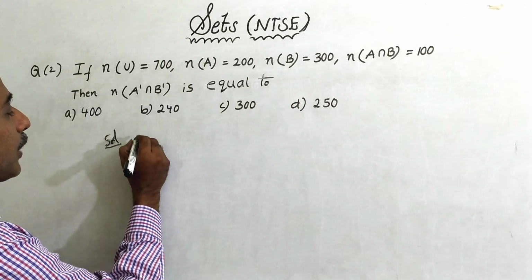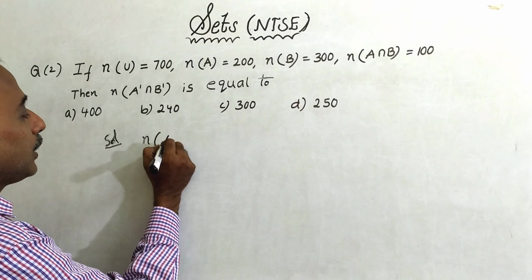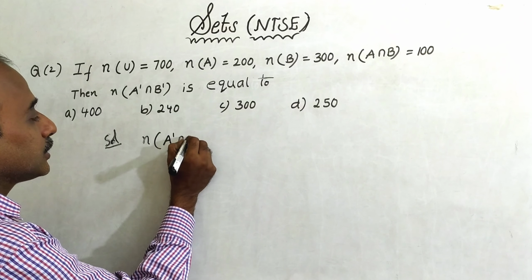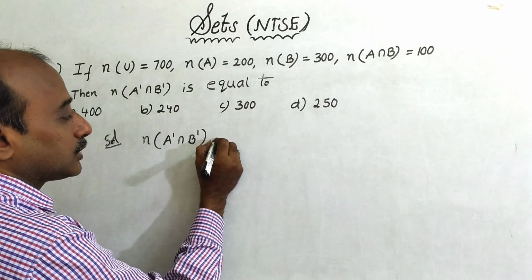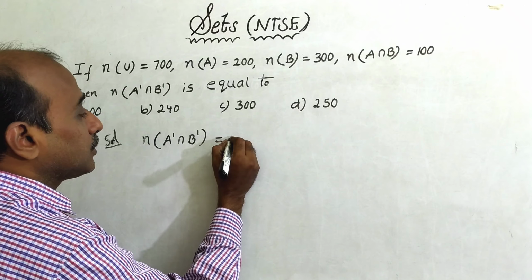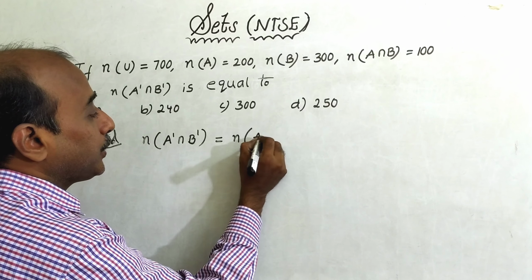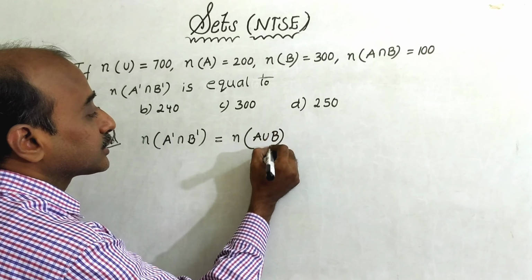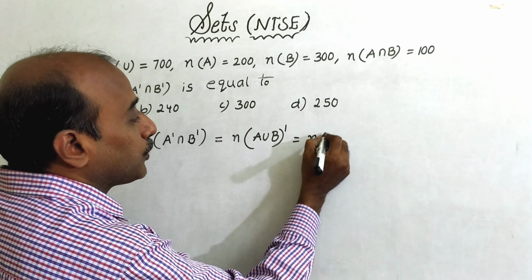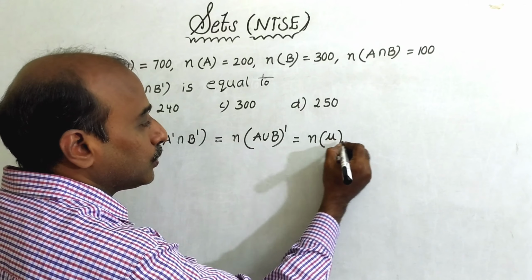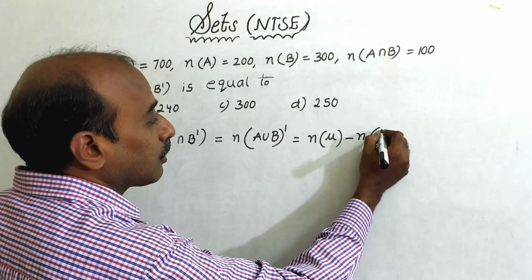So we have to find out n(A dash intersection B dash). Dash means complement. This is nothing but n((A union B) dash). So this you can write n(U) minus n(A union B).